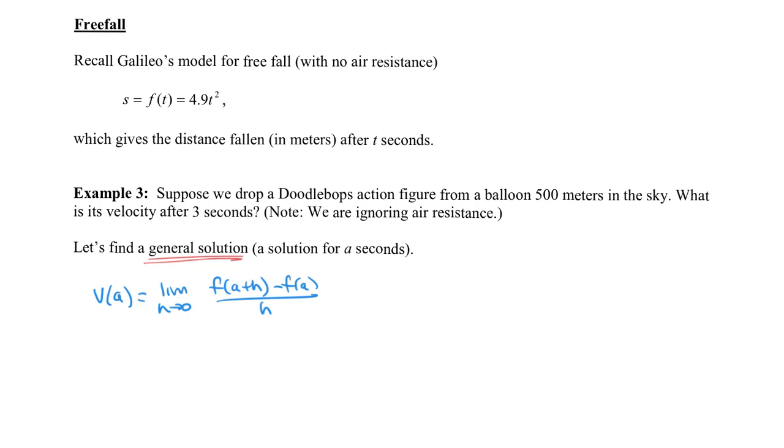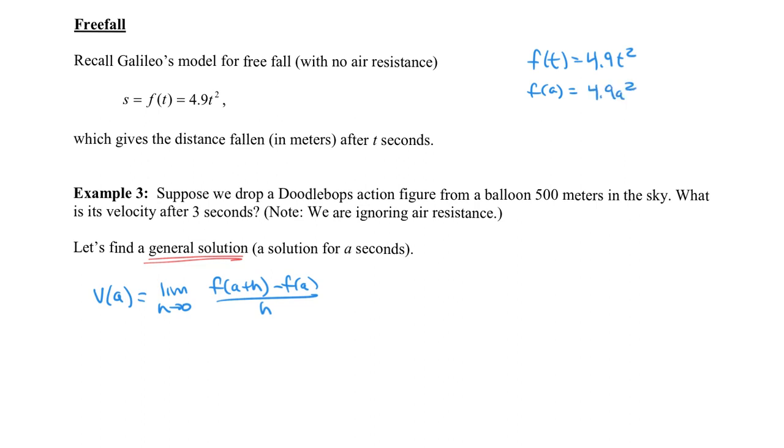So here's where sometimes students get really confused. So I'm going to write some things down up here in practice. So if f of t is 4.9t squared, and I want to find f of a. Okay, we typically don't have any problems with this. Wherever there's a t, I'm going to plug in a, right? So f of a, no problem, 4.9a squared.